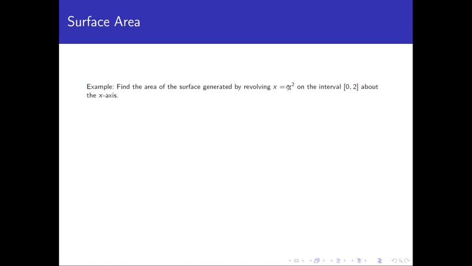Because if we did that, not only would we have to change the function, we'd have to change the interval. So it's much easier to leave this in terms of y than to convert everything to functions of x.